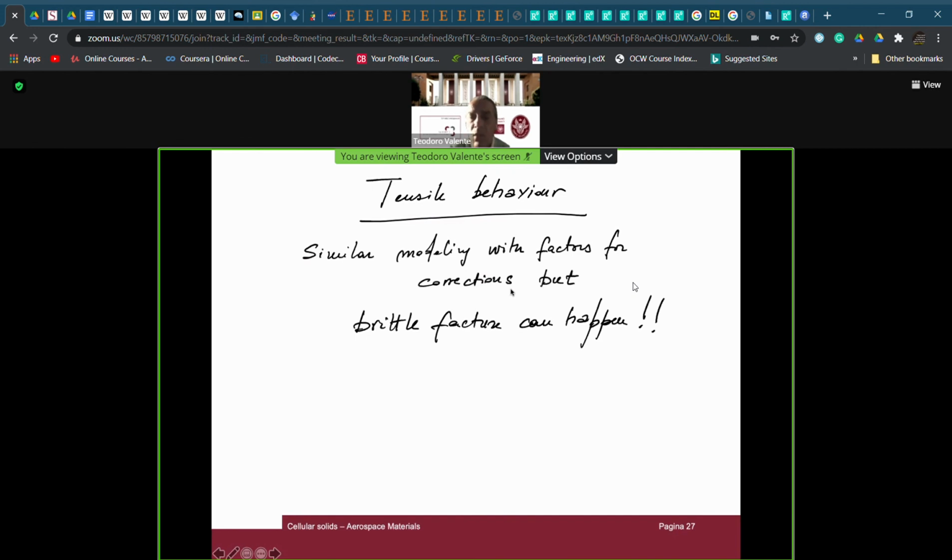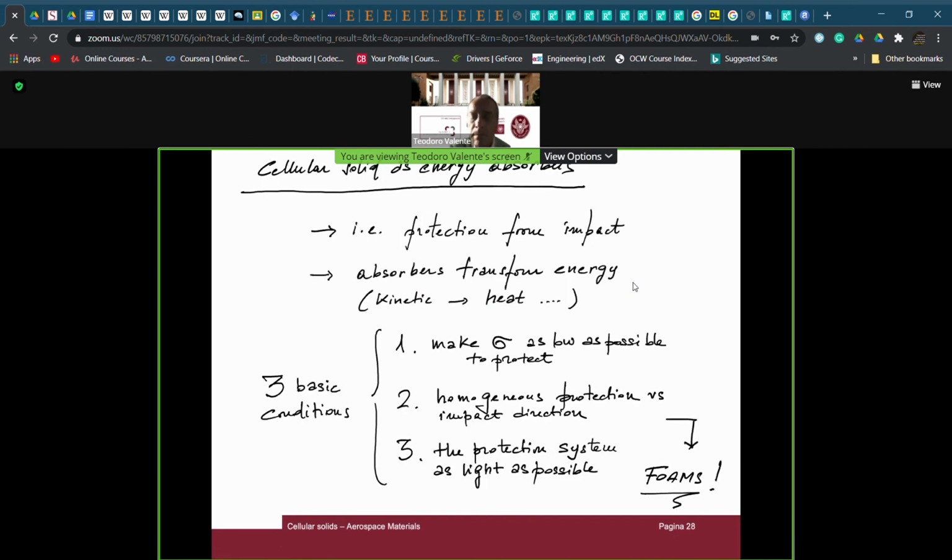With this, we can then move on to make some considerations about potential applications of this special class of materials for our purposes.